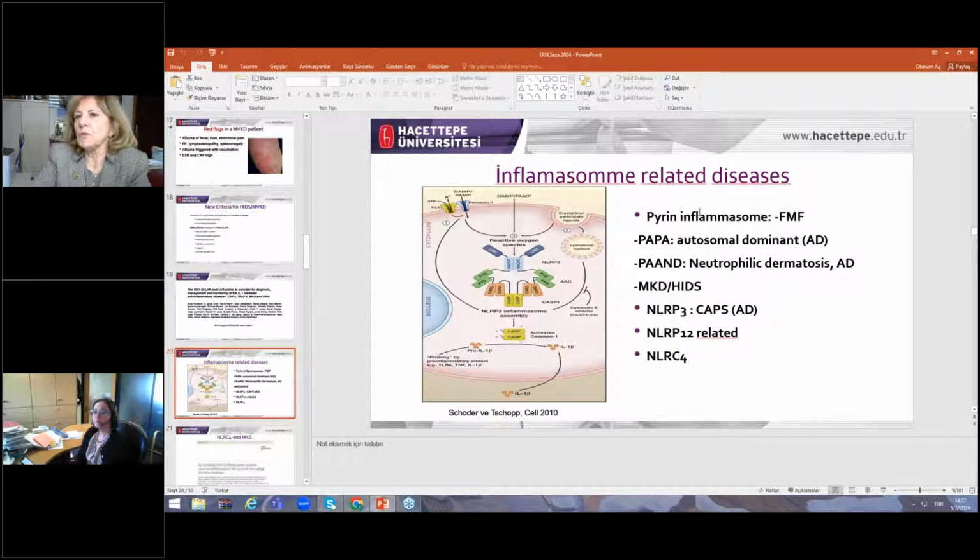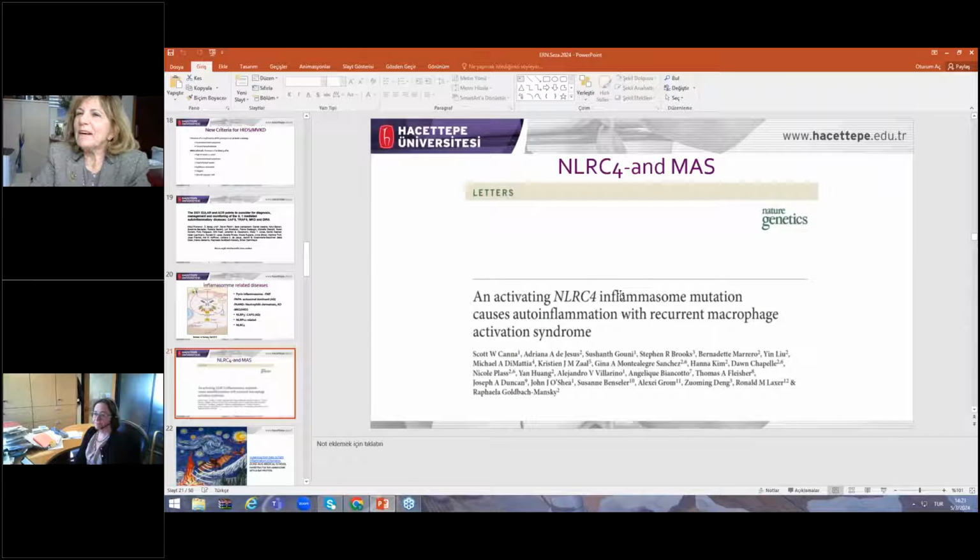Now, there are other inflammasome-related diseases as well. For example, I think Helen will talk about CAPS, which is due to dysregulation of the NLRP3 inflammasome. And as you can see, there are others that are affecting the pyrin inflammasome. But I will have one slide on NLRC4 since it is so important for pediatricians, because this is characterized by recurrent macrophage activation syndrome.